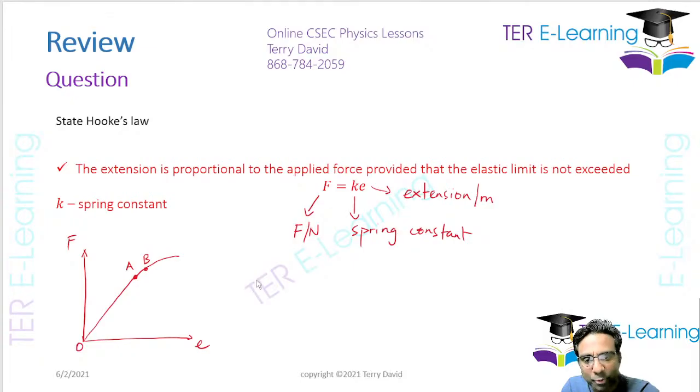The point A is what we call my limit of proportionality, and the point B is what we call my elastic limit.